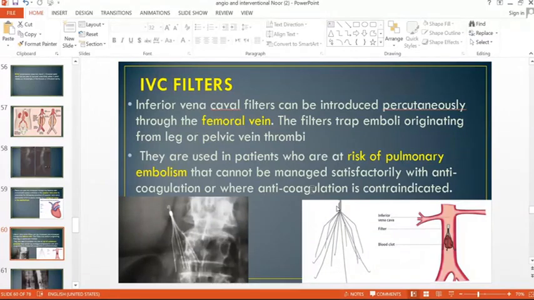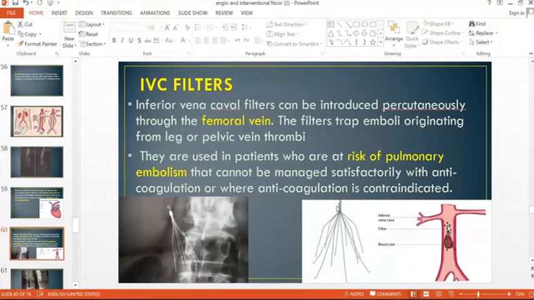Another form of interventional radiology is the placement of IVC filters. IVC filters can be introduced percutaneously through the femoral vein. The filters will trap emboli originating in the leg or pelvic vein thrombi. They are used in patients who are at risk of pulmonary embolism that cannot be managed satisfactorily with anticoagulation or when anticoagulation is contraindicated.